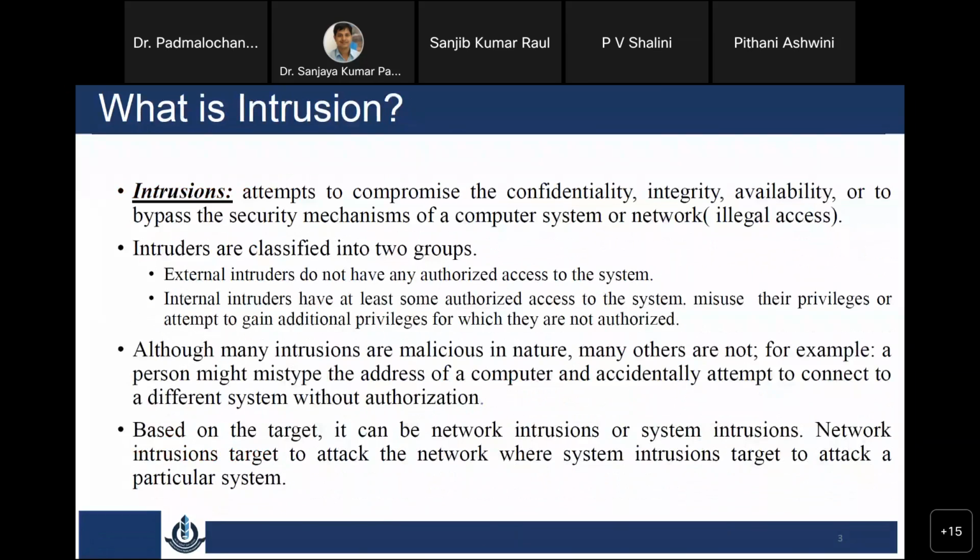So if we technically see what a security violation is, we call it intrusions, and it is nothing but compromising three important security principles: confidentiality, integrity, and availability.